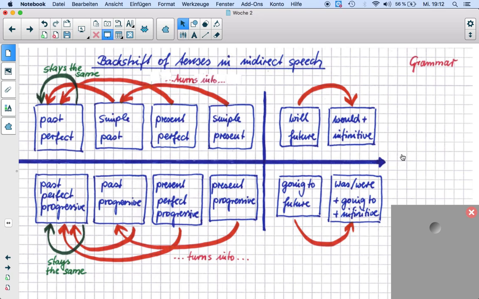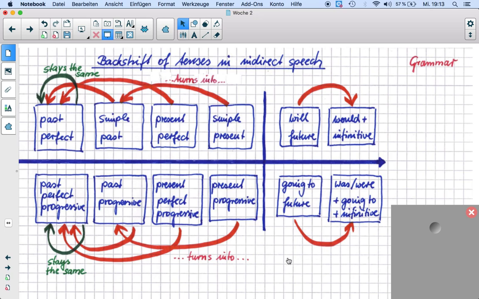Okay, so when you report what someone said, we turn simple present into simple past. Or we turn going to future into was or were plus going to plus infinitive, and so on. I guess that's clear.